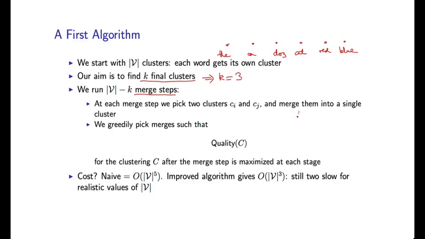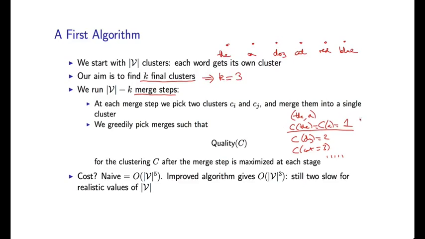And so, for example, say I choose to merge V and A, then I end up with a new partition, which is that C of V equals C of A is equal to 1, say, C of dog is equal to 2, C of cat is equal to 3, and so on and so on. So every word is still in its own cluster except for these two words, which are now in a single cluster.